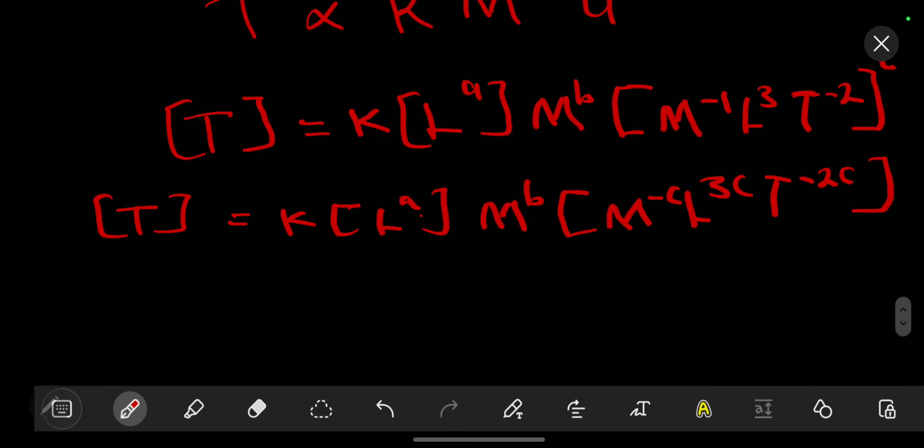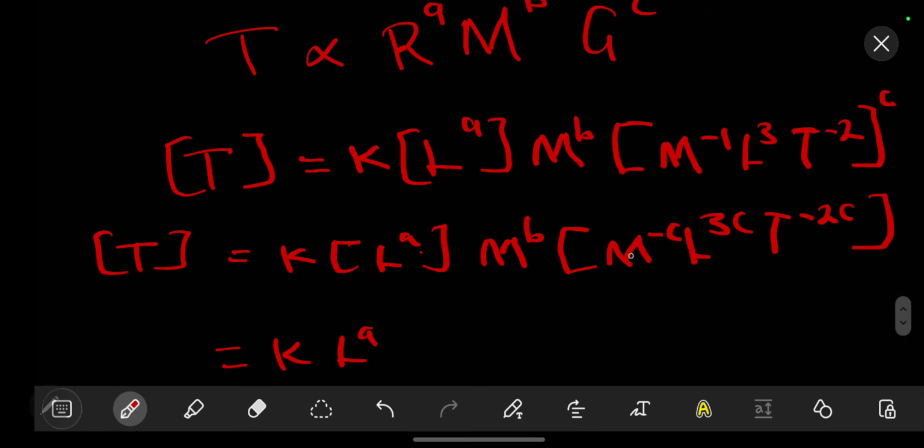So if that's the case, we are going to have our k. Then we have L to the power a. Then this m and this m can add, so we have m to the power b, then we are multiplying, but this is negative, so it will be minus c. Then we have L to the power of 3c, times T to the power negative 2c.